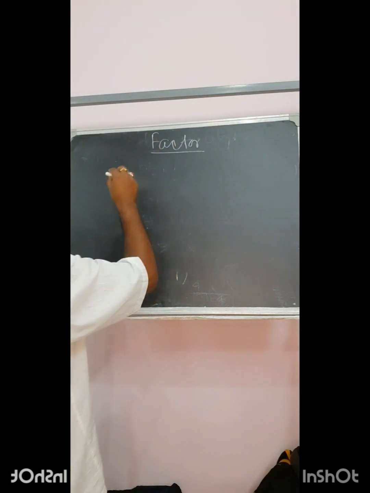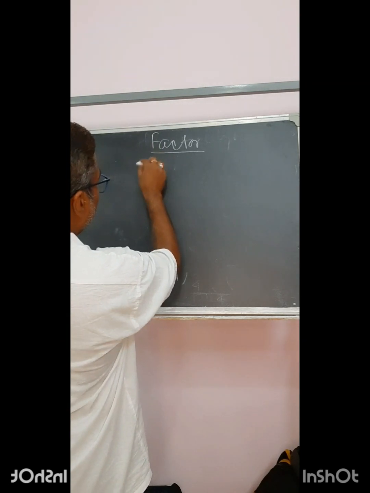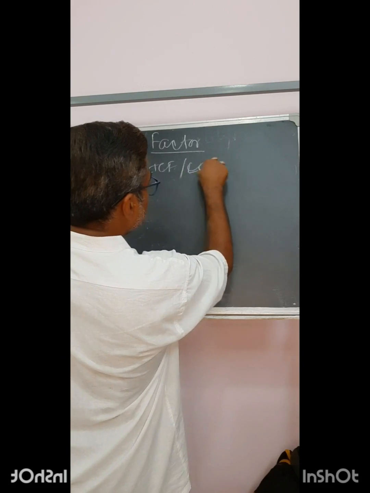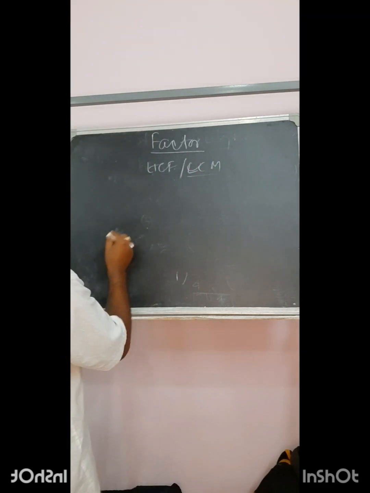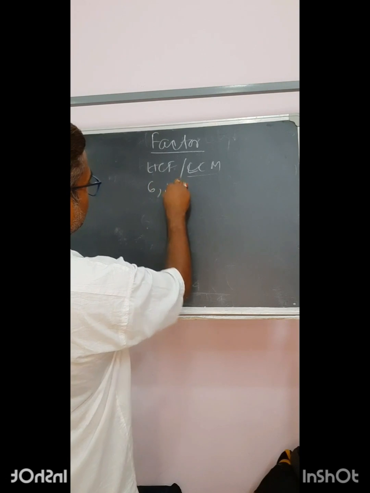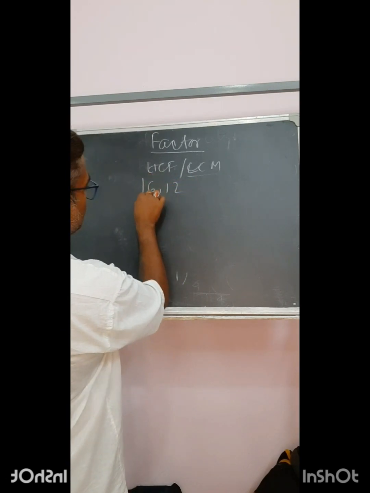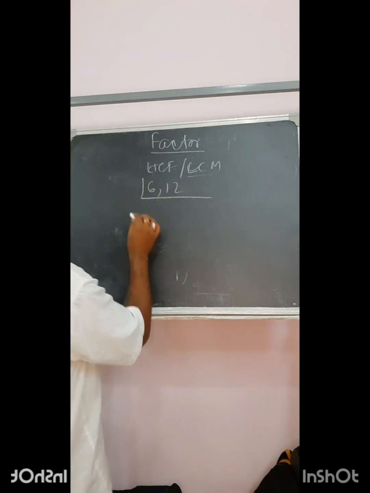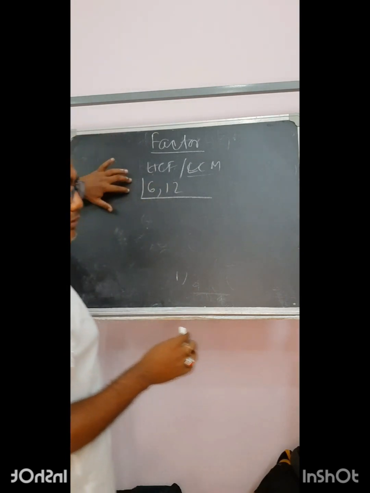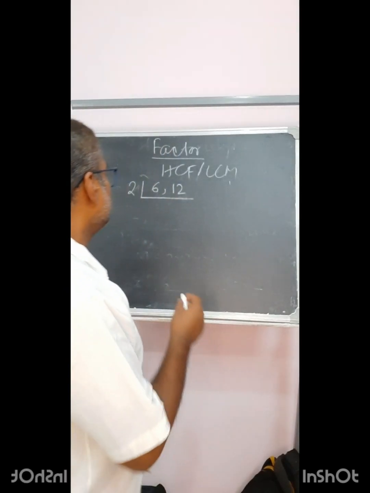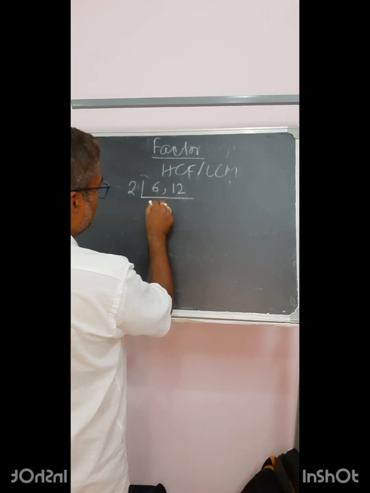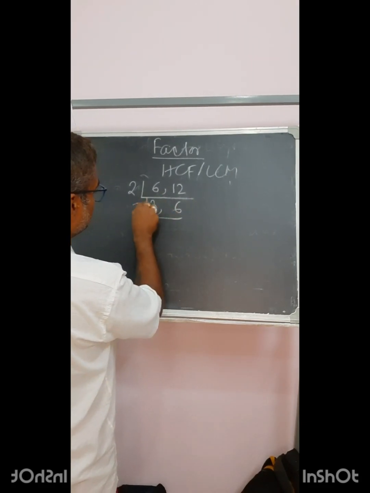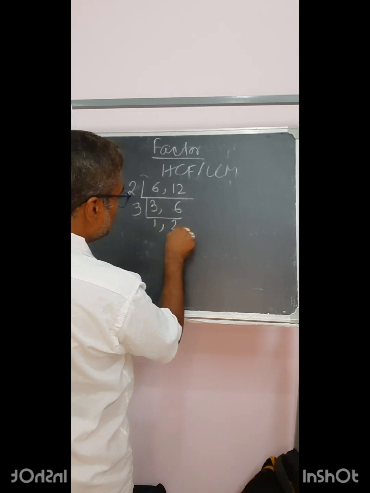And there is another method by which you can calculate both HCF and LCM. Let's check with 6 and 12, the smaller ones. What I have to do is the factorization with the common numbers. I will start with the minimum prime number 2. Starting with 2, it will give you 3, 6 here. Then further with 3, I will get 1 and 2.